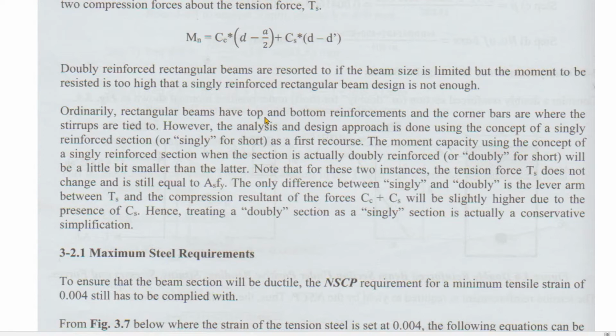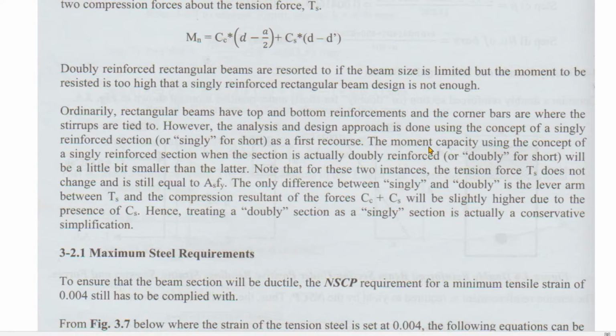Ordinarily, rectangular beams have top and bottom reinforcements and the corner bars are where the stirrups are tied to. However, the analysis and design approach is done using the concept of a singly reinforced section as a first recourse.